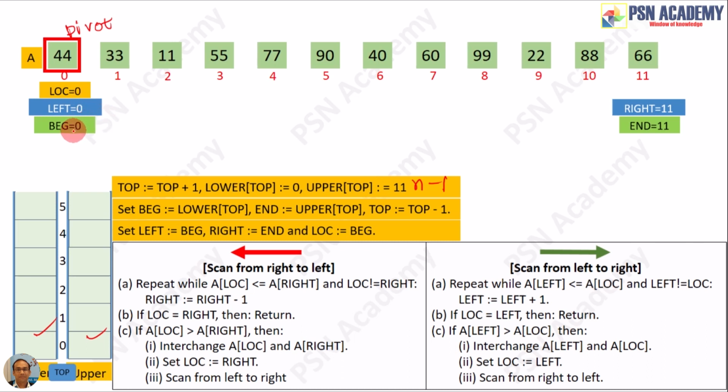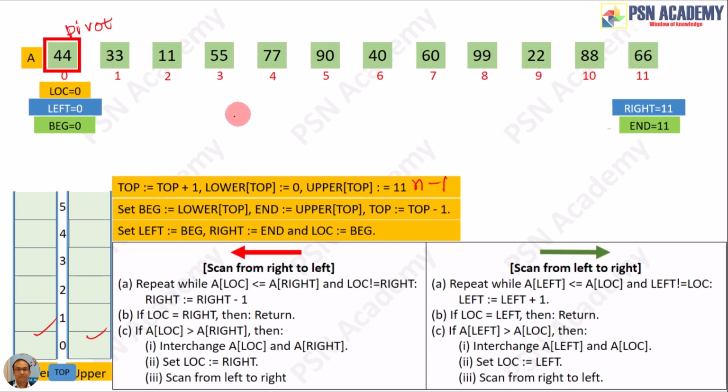Now I will explain actually what these variables are doing here. This green one, this beg and end, is actually dealing with the list on which you are working at present. Since we are working over the whole list, that is why beg is 0 and end is 11. When a sublist is created, at that time, beg and end will differ from 0 and 11. Okay?